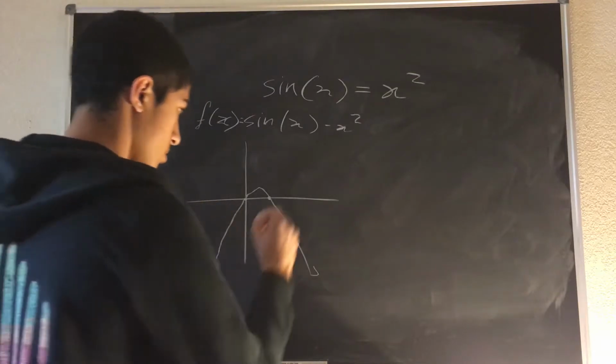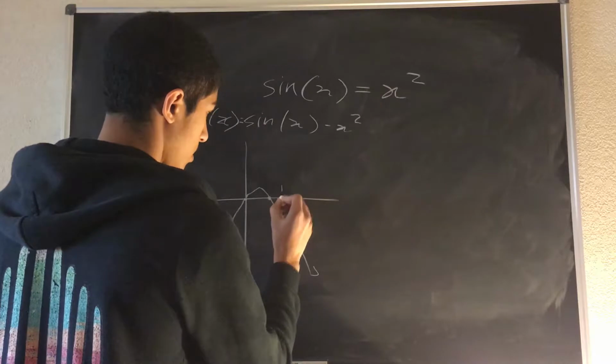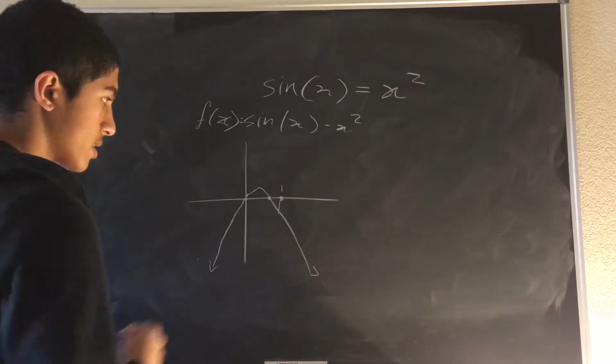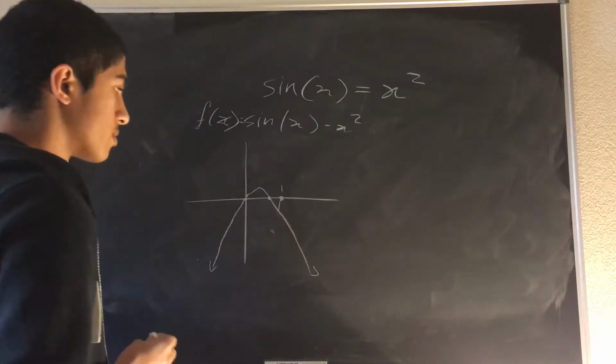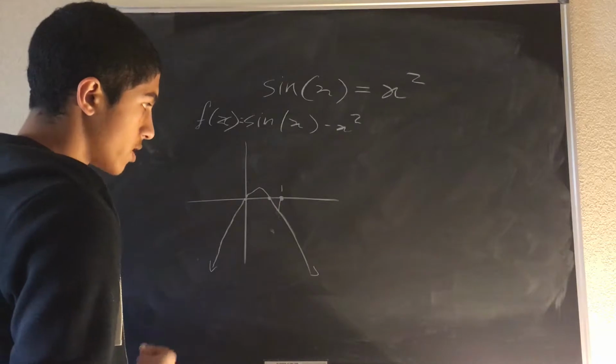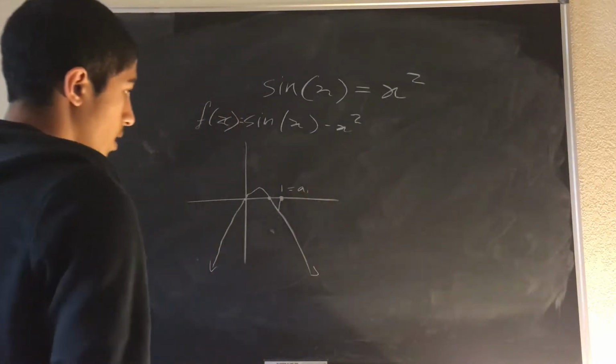Now, we do know that the value 1 lies after the second x-intercept. So since 1 is a fairly close value to the x-intercept that we're trying to approximate, we can use it as our a1 value. So 1 is equal to a1.